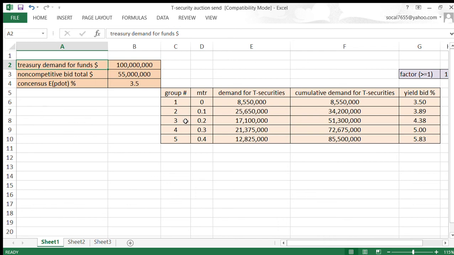Here the marginal investor group is group 3, and its marginal tax rate is 20%. Everyone gets 4.38%.